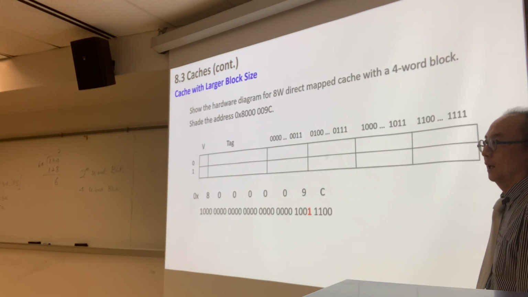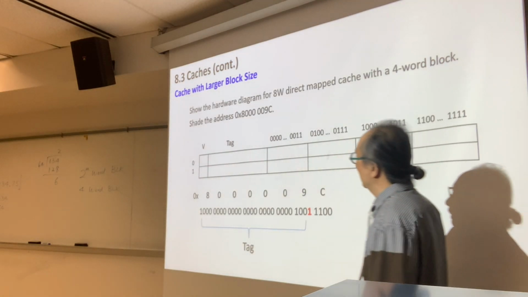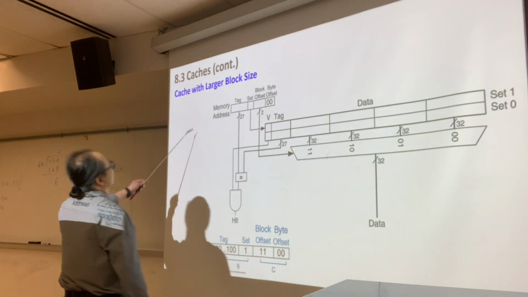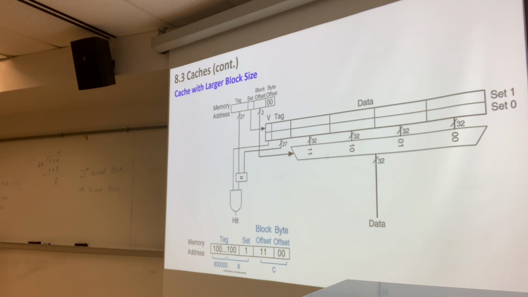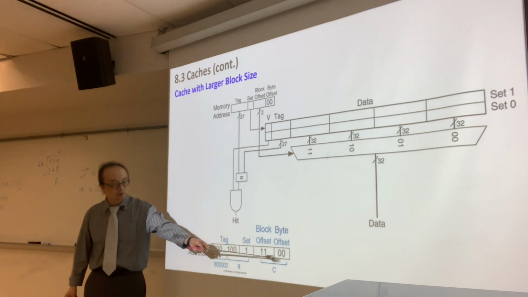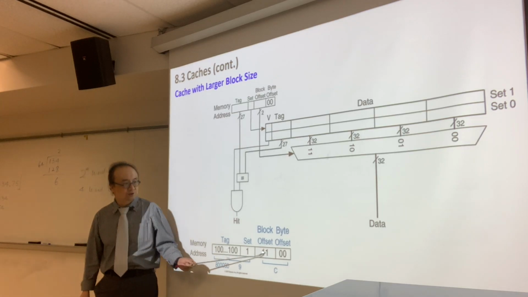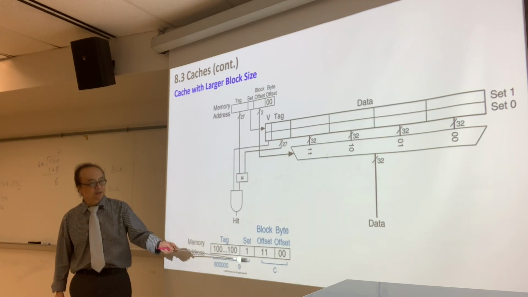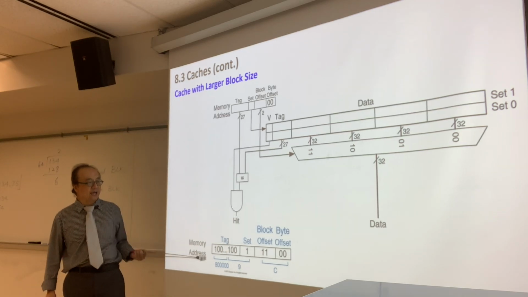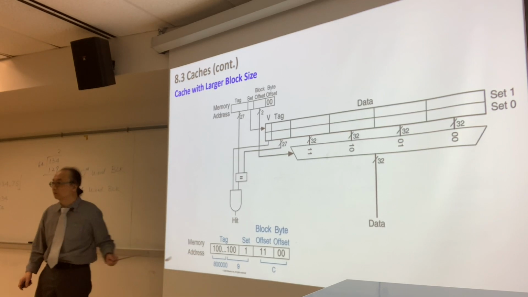Okay, and our book shows this diagram. Something is wrong with this diagram. What's wrong? This is the memory address format, which is what we calculated. This is the offset, the lower 4 bits 1100, then this is the index bit, and this is the tag. So we figured that out, but something is wrong with the diagram.